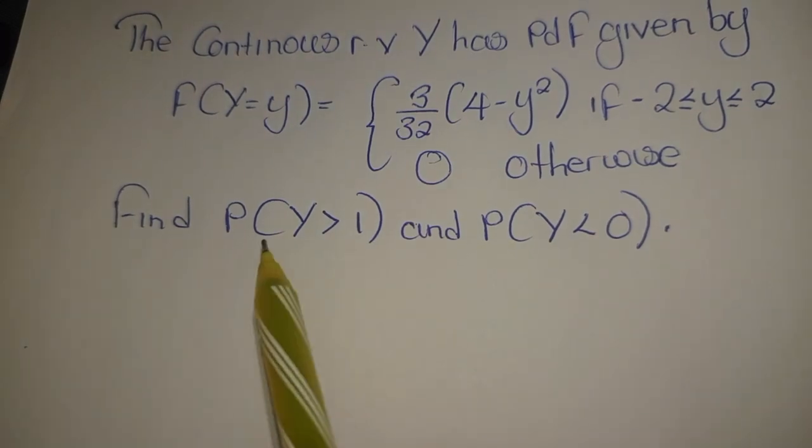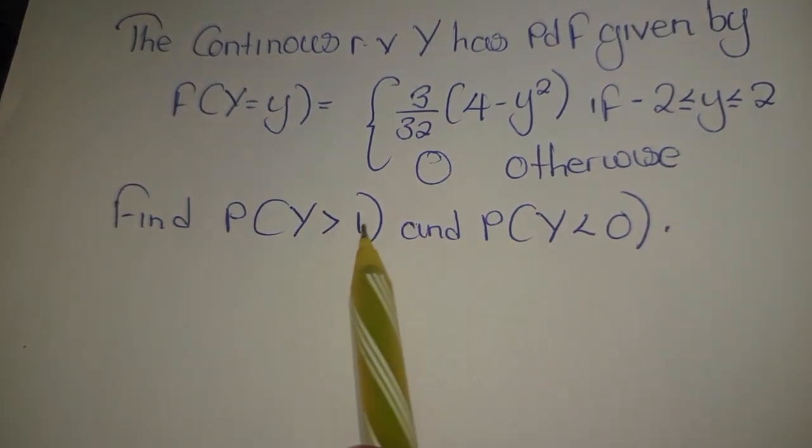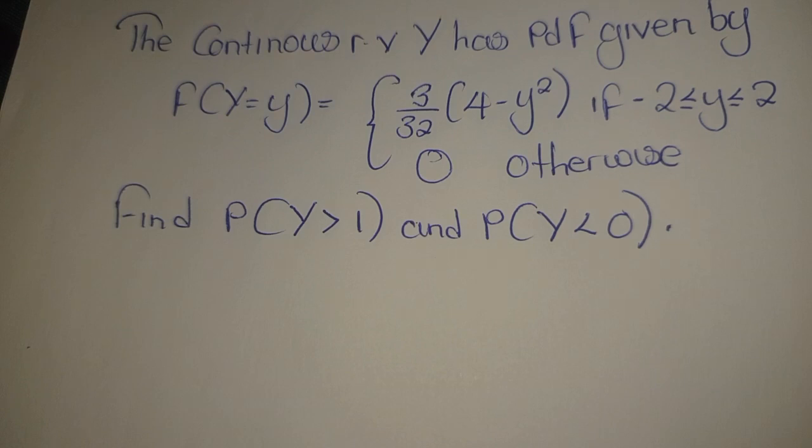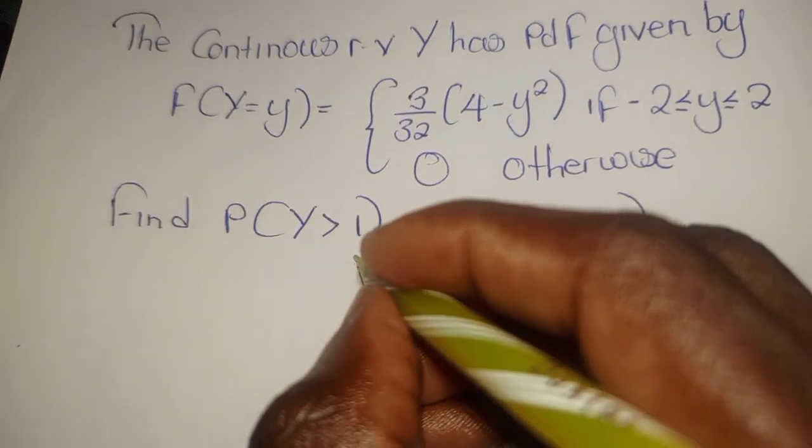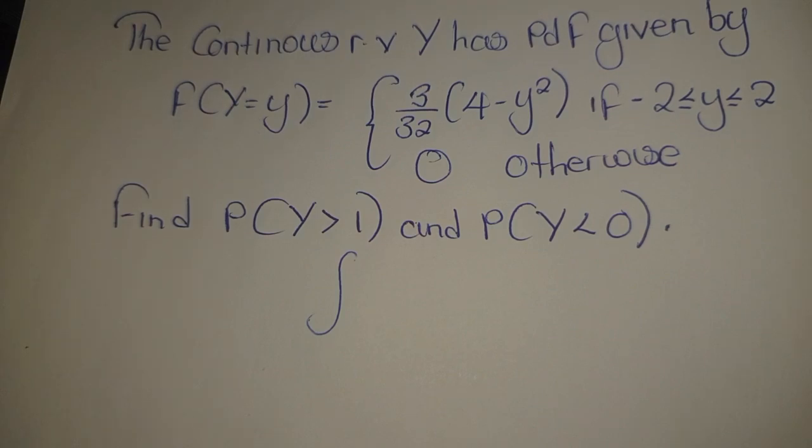So they're telling us we should find the probability that y is greater than 1. Here we're just dealing with the area under the curve. Why? Because we have been given an interval. Remember, continuous random variables deal with an interval, and that interval is found using the area under the curve. And if we are finding the area under the curve, we use integration.